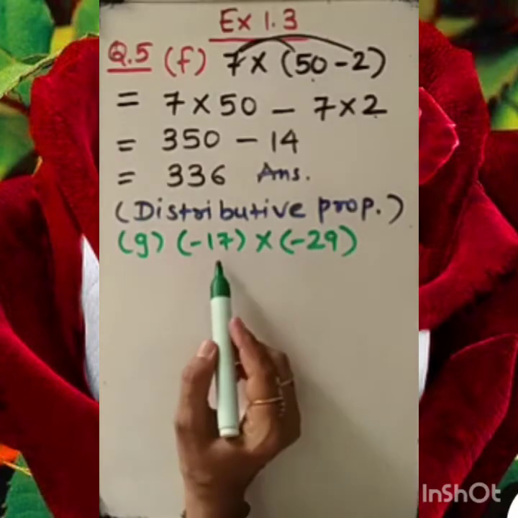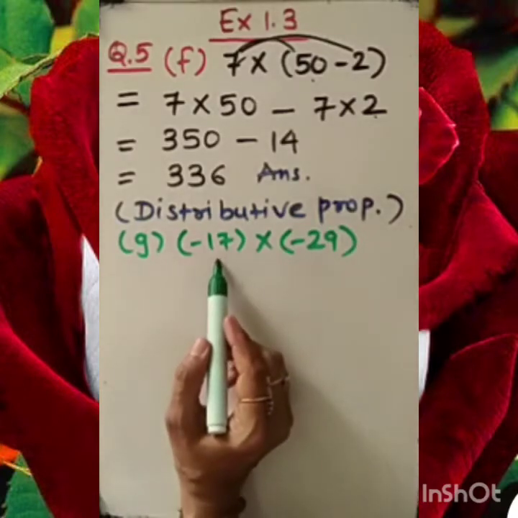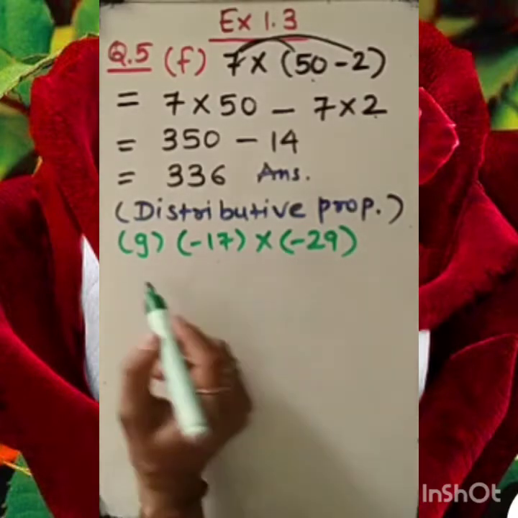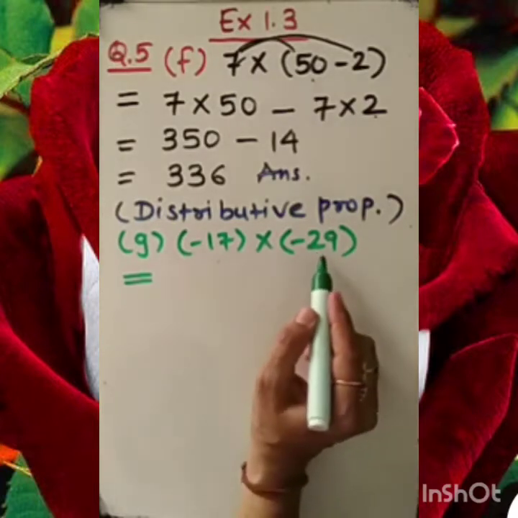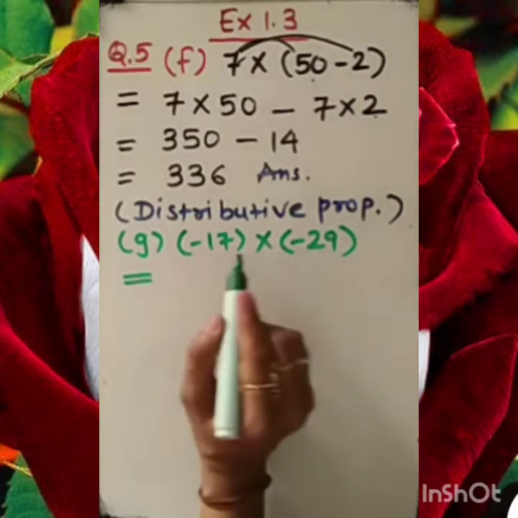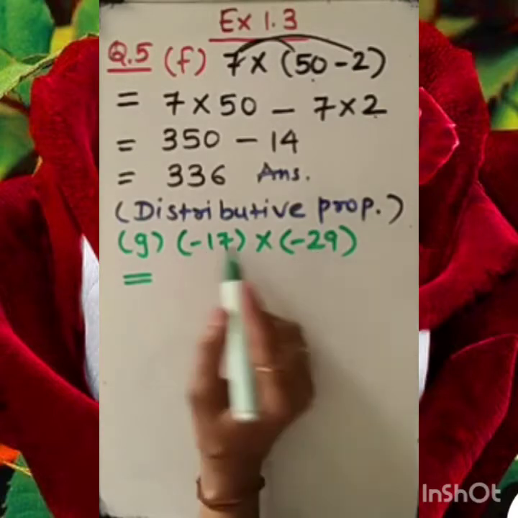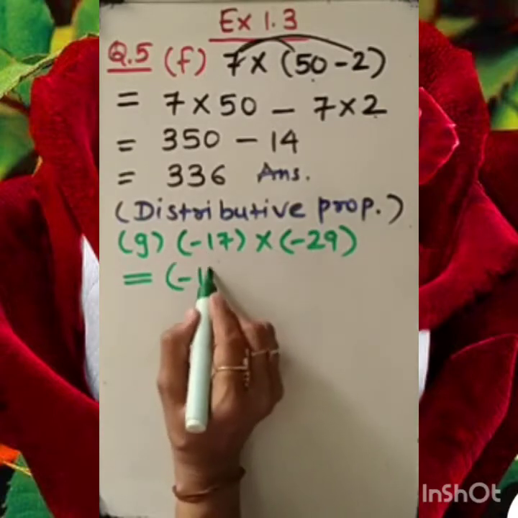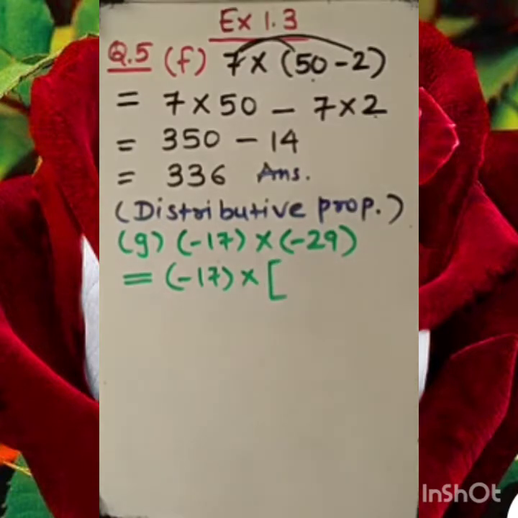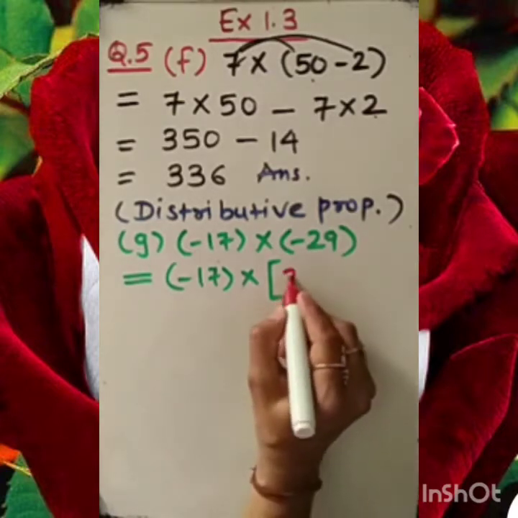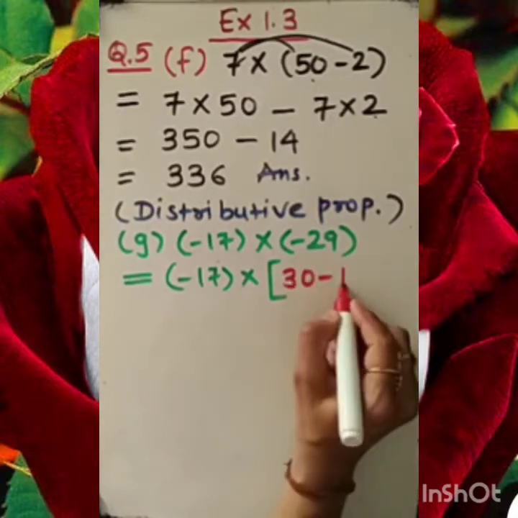Now here the second is minus 17 into minus 29. Let's see how to solve. Here also we need to write 29 in such a way that we can have the proper multiplication. So first we are separating. I can write 29 as the rounded-off nearby number, 30 minus 1.